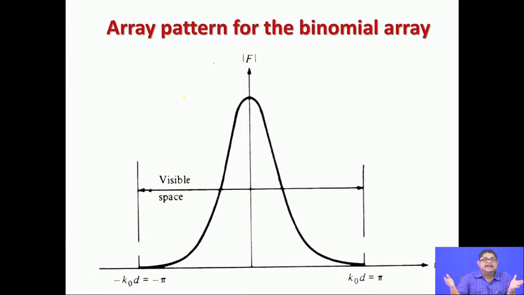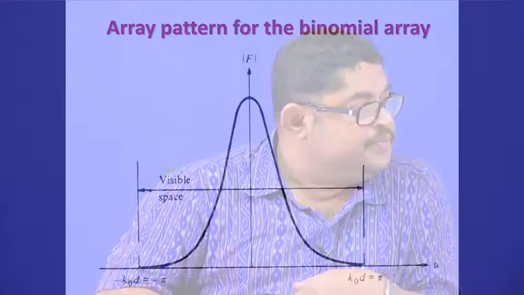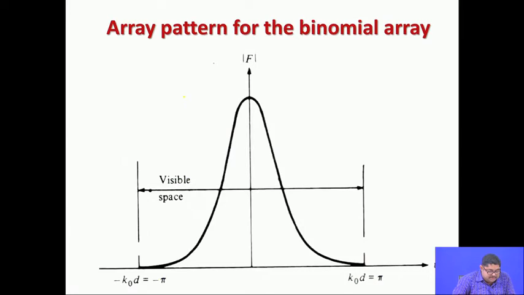So, actually the array length is getting reduced, because effectively the radiations from the edges are not contributing to the actual radiation. That is why the half power beam width is broader.